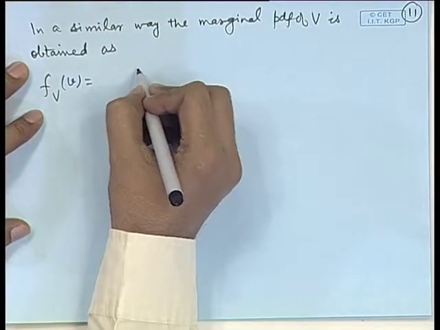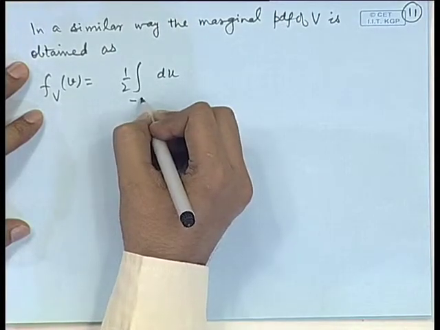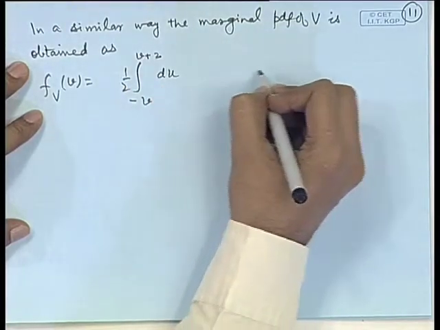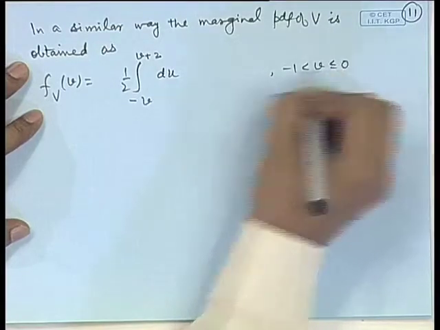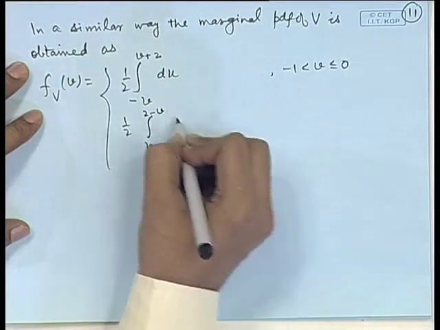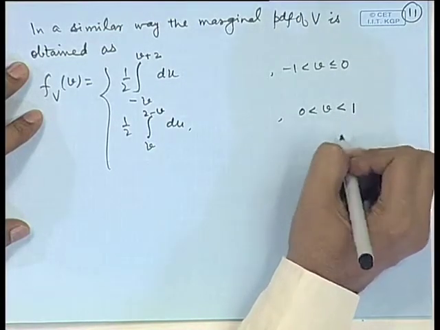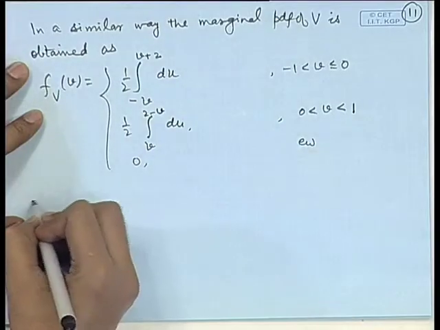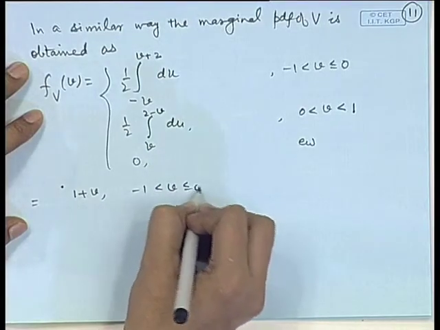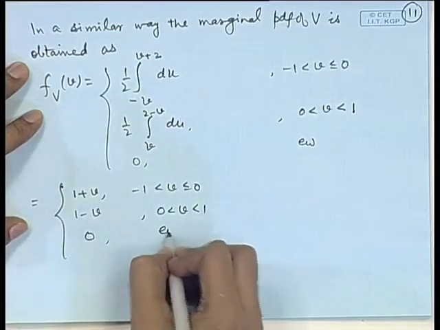It is the integral of half with respect to u from minus v to v plus 2 for minus 1 less than v less than or equal to 0. It is half integral from v to 2 minus v du for 0 less than v less than 1 and 0 elsewhere. So, after simplification this turns out to be 1 plus v for minus 1 less than v less than or equal to 0 and 1 minus v for 0 less than v less than 1, 0 elsewhere.